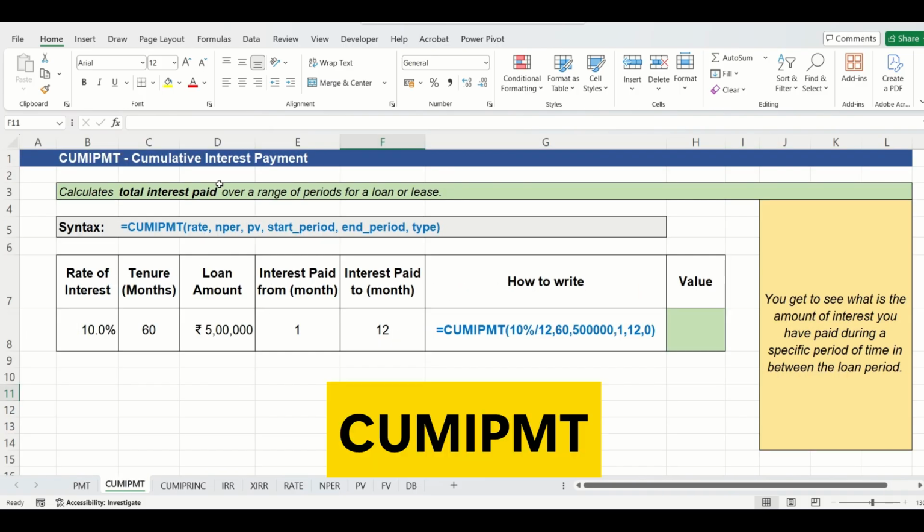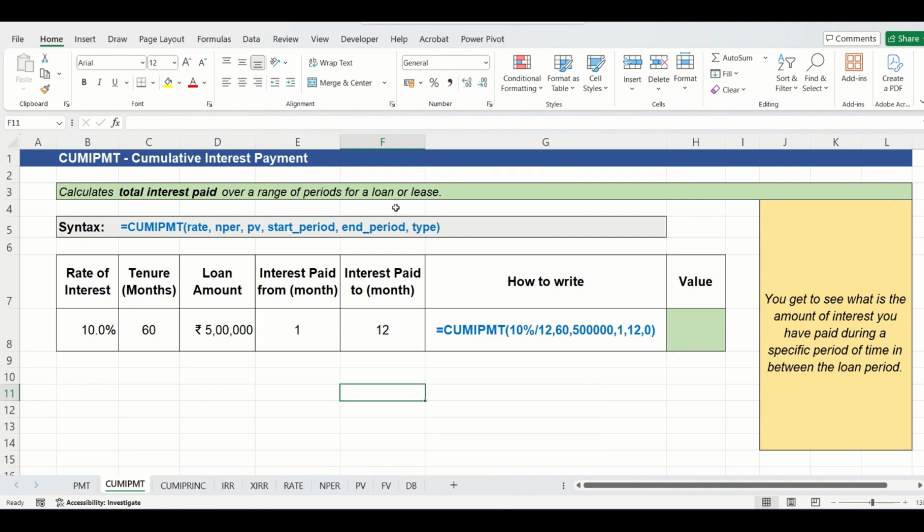Hope this was useful. So we will move to the next financial formula, that is CUMIPMT, which is the cumulative interest payment. It calculates the total interest that you have paid over a range of periods for a loan or lease. The syntax is CUMIPMT, and within the bracket, first the rate of interest, then NPER, which is the period in months, then the principal value, and then the start period followed by the end period.